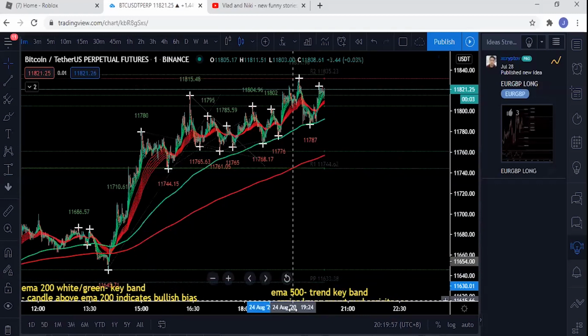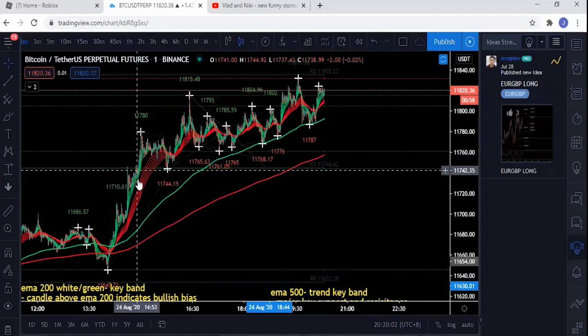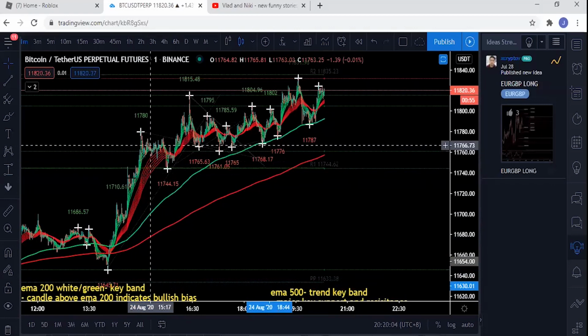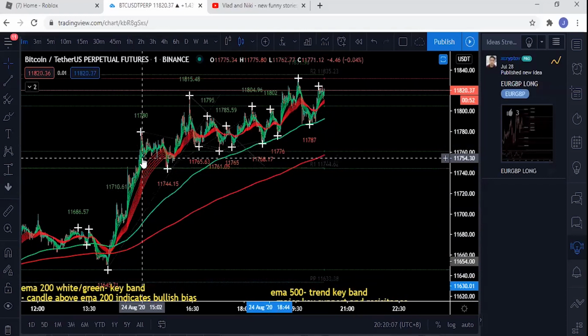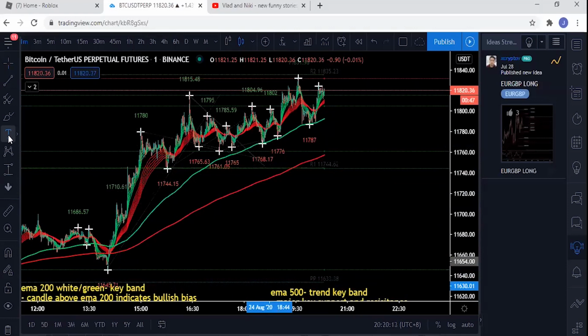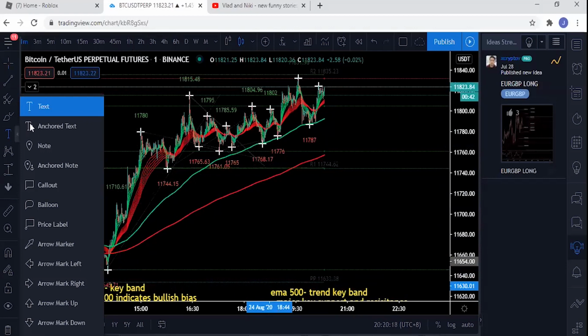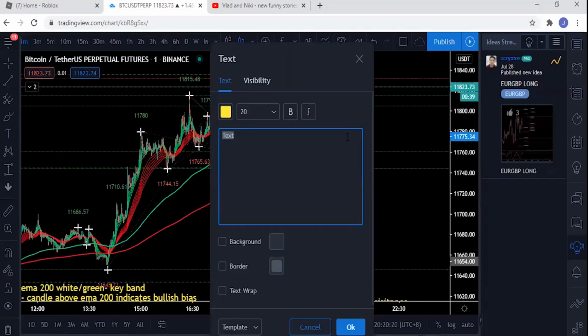What's next? Our ribbon. The green one, can you see it? This is our green ribbon. Our green ribbon is our short-term wave.